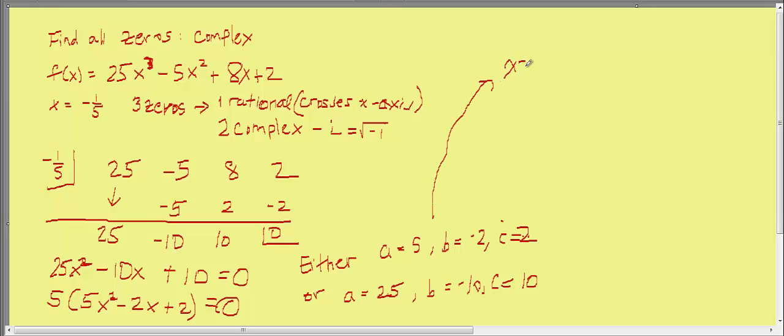This is x is -b plus or minus the square root of b squared minus 4ac over 2a.